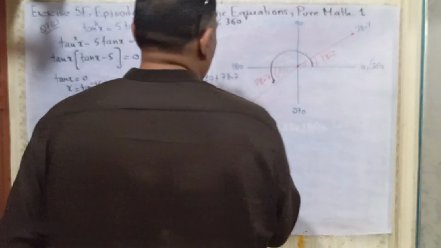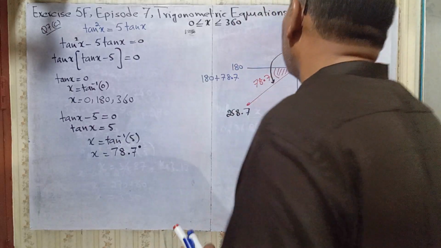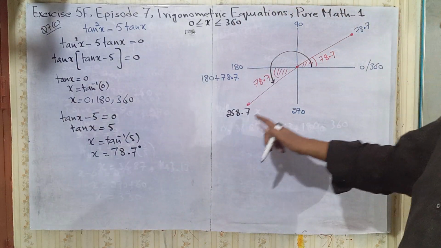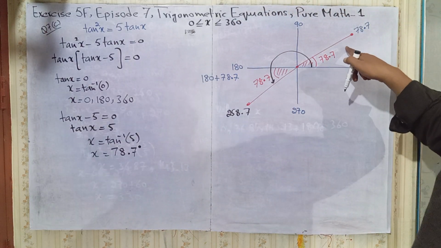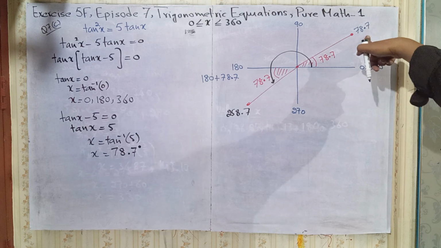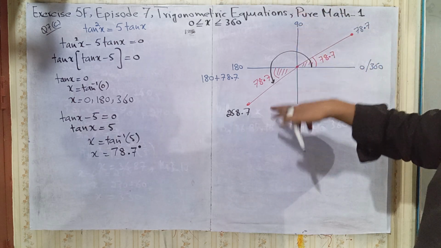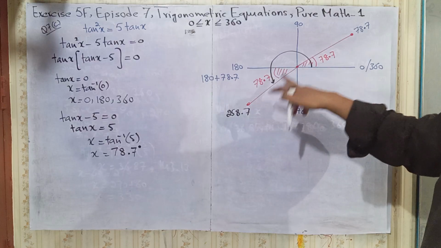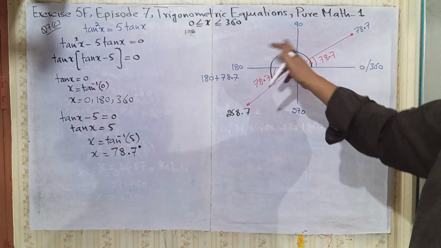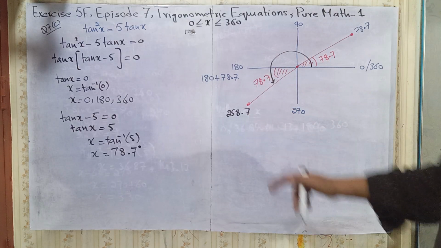I don't know why I got something else before. So in the first quadrant, the angle will be 78.7, and here the tan is positive. In the third quadrant, the base angle is the same, but this angle will be 258.7.